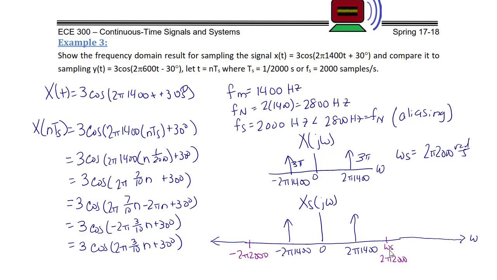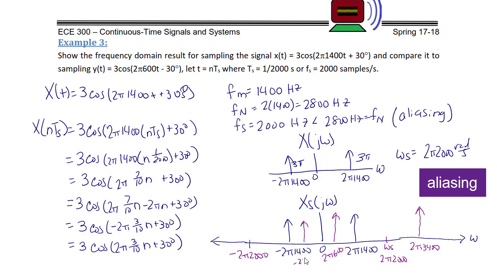So when it's centered at 2 pi 2000, I'm going to have an impulse at 2 pi 3400 and an impulse at 2 pi 600. This is what we call aliasing, because I now have overlap between the original signal and the impulses from the second sample. Same over here, I'm going to have an impulse at negative 2 pi 600 and one out here at negative 2 pi 3400.